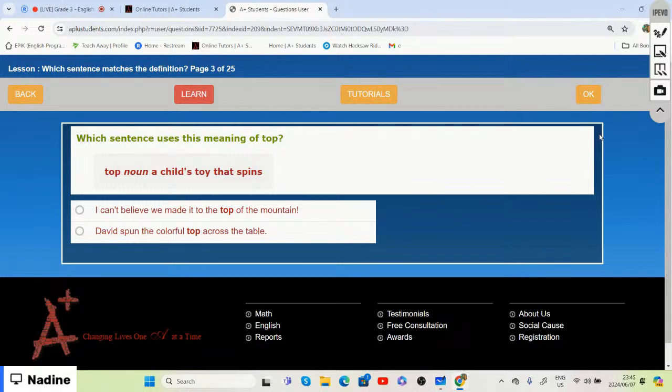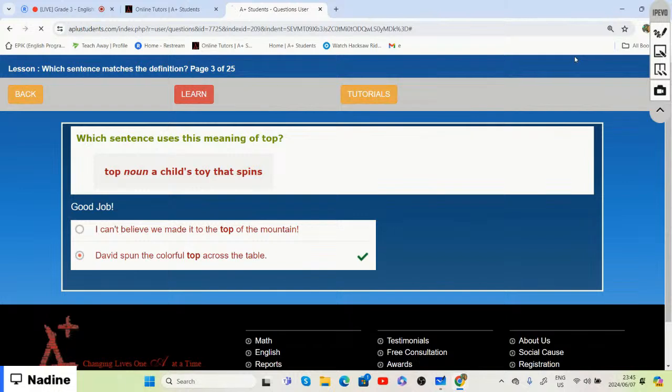And if we were to choose the correct one, that also means it's to do with the child's toy. So we can say David spun the colorful top across the table.